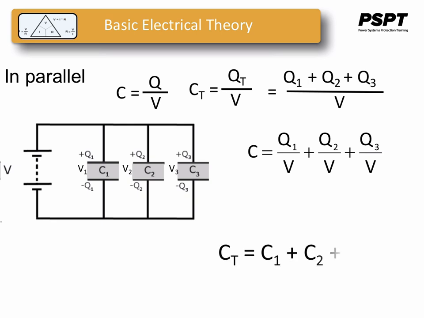So we can then rewrite the equation such that the total capacitance is given by C1 plus C2 plus C3, which is similar to a series circuit of resistors, where you would add up the resistors to calculate the total resistance in that circuit. In the case of a parallel connection of capacitors, you add the capacitors up.